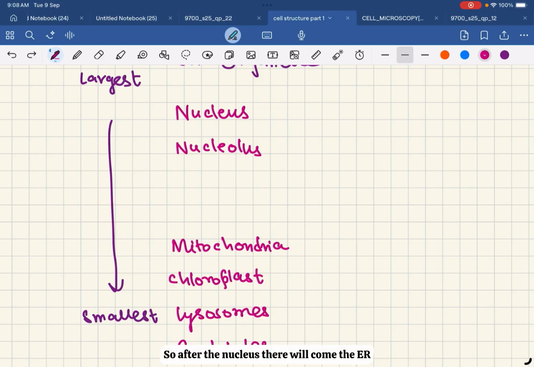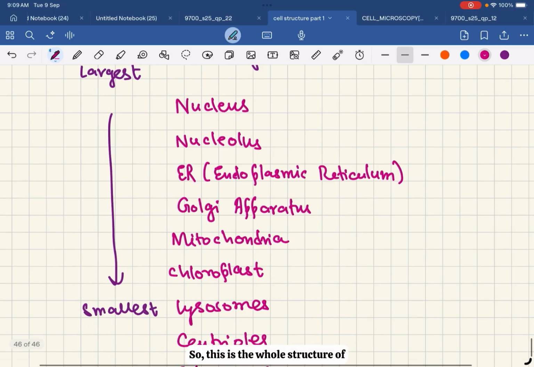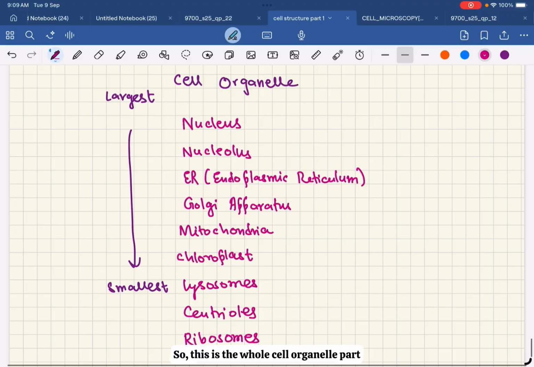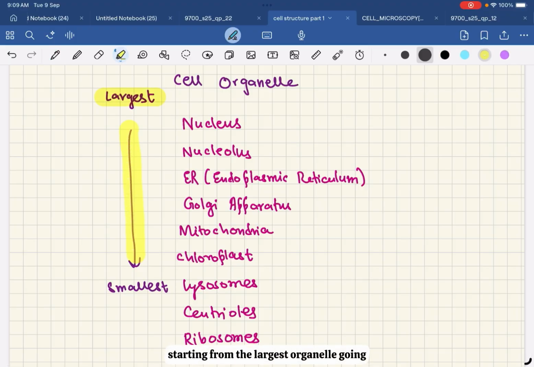So after the nucleolus there will come the ER, which is the endoplasmic reticulum, and then there comes the Golgi apparatus. So this is the whole cell organelle order, starting from the largest organelle going all the way to the smallest organelle.